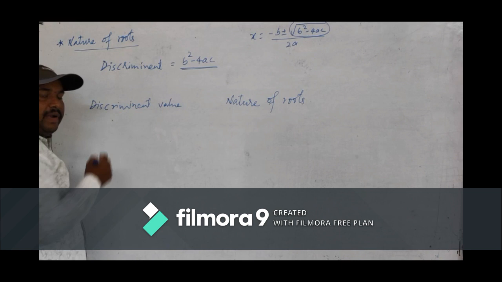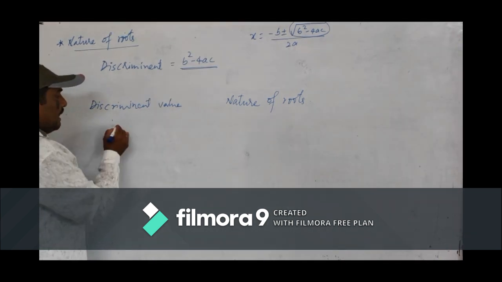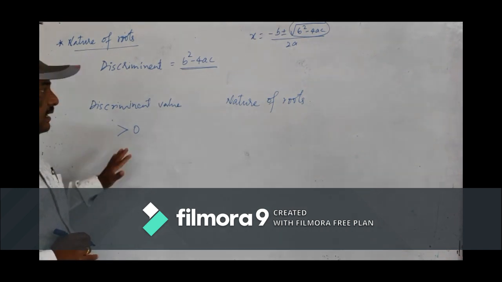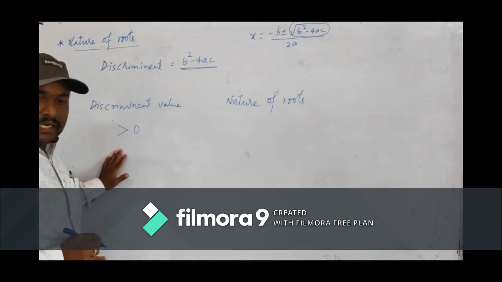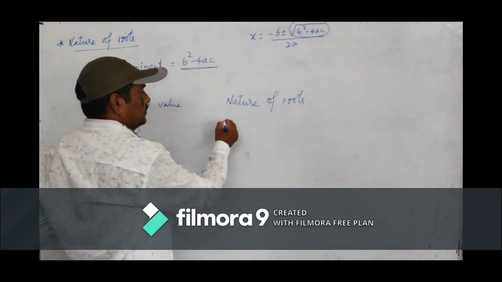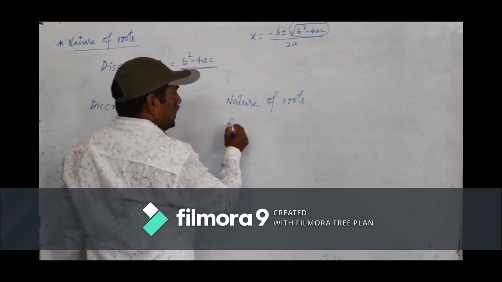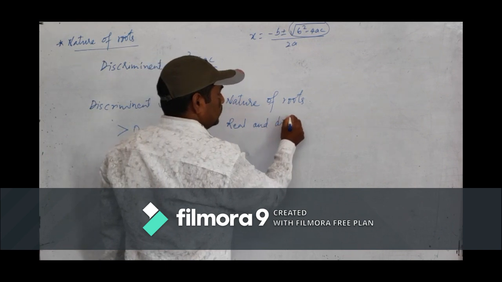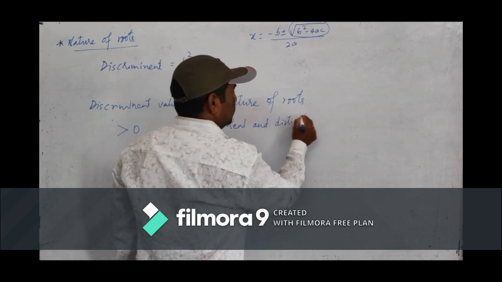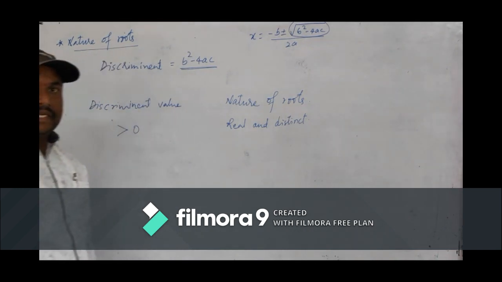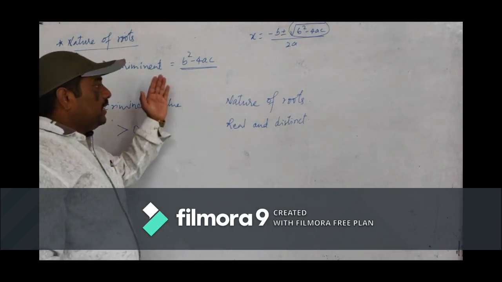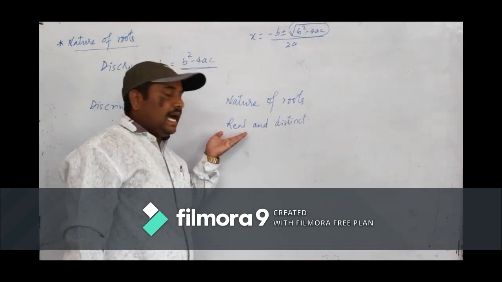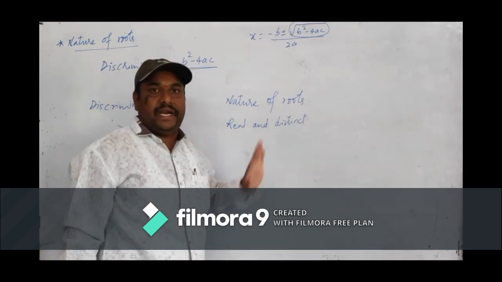If the discriminant value is greater than 0, then the roots are real and distinct. Already we know that every quadratic equation has two roots. Those two roots are real and distinct, means they are different.